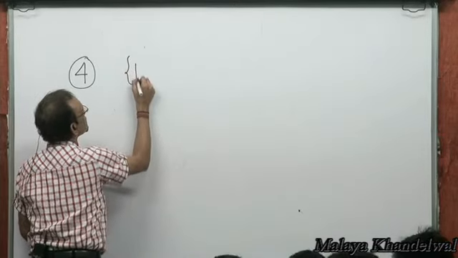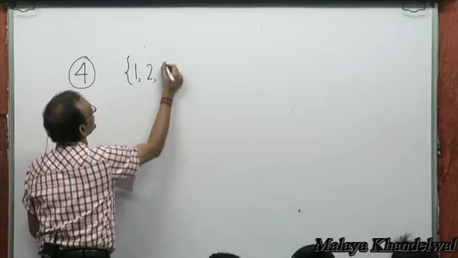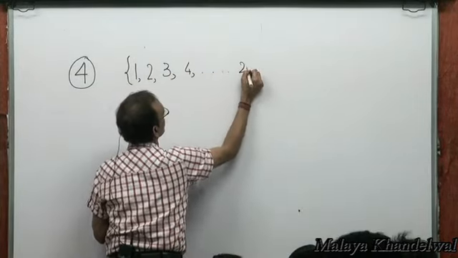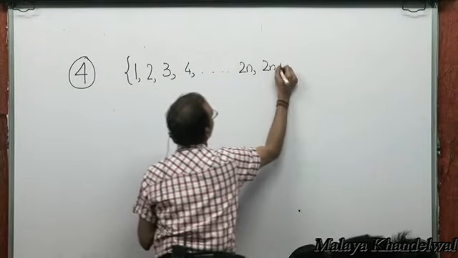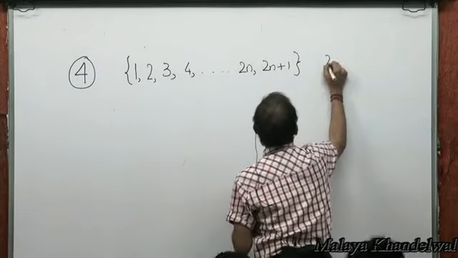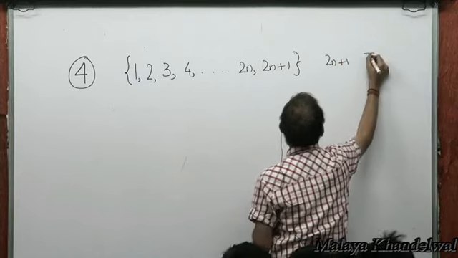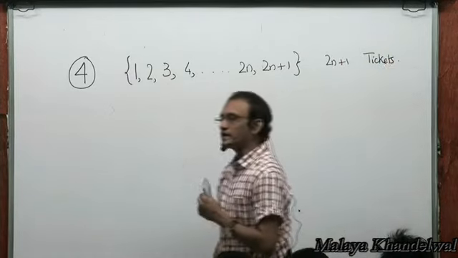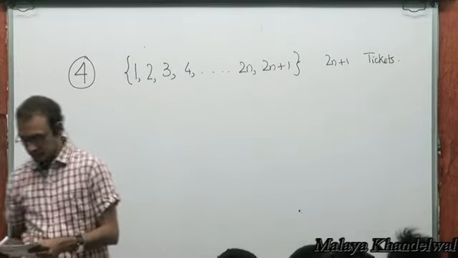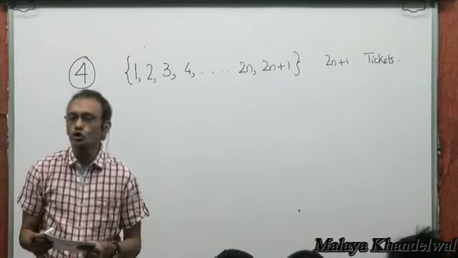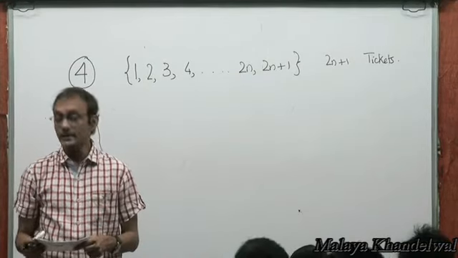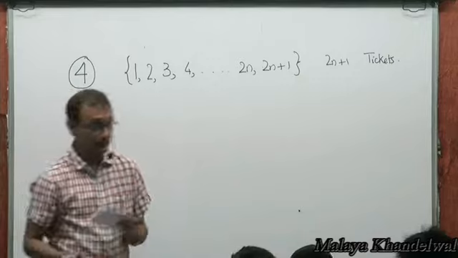So these are the tickets. 3 are drawn at random. Find the probability that they are in AP.